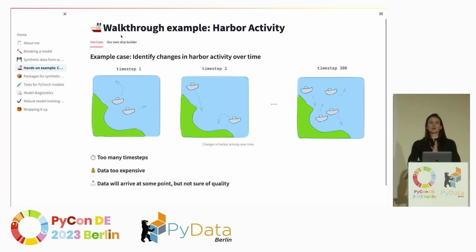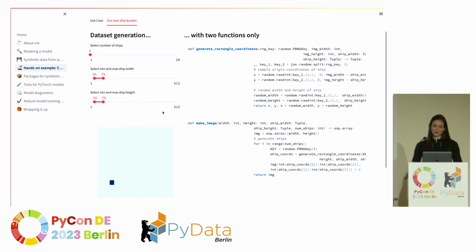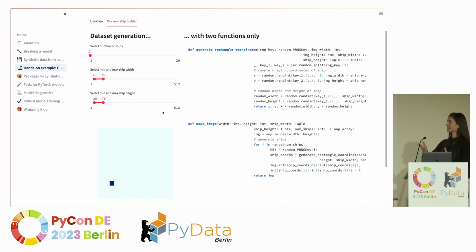And actually, I think most of you have already done this in a game called Battleship, or Schiffe versenken in German, where we just have a little square and draw rectangles as our ship. So here is my little ship builder that I would use to debug my model and already train it.